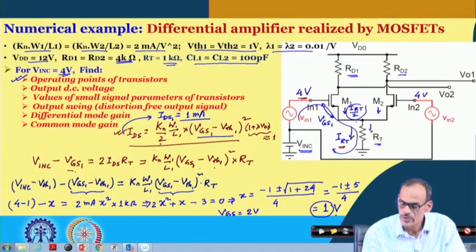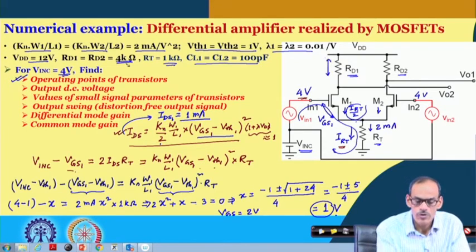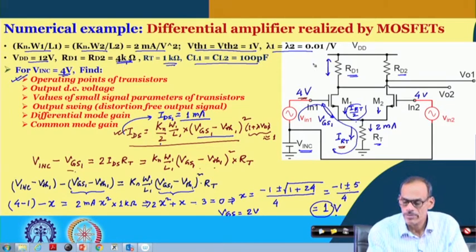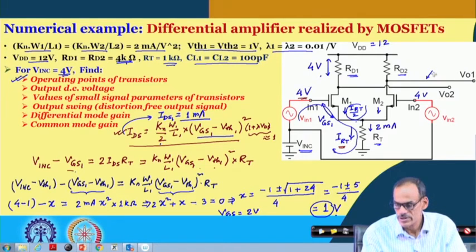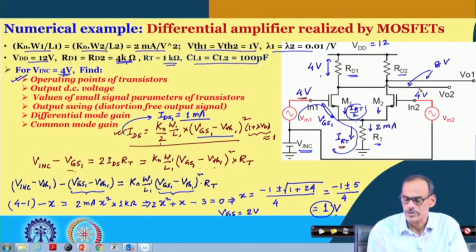So, the current flow here is 2 milliampere. So, that gives a drop here of 4K multiplied by 1 milliampere. So, that is the 4 volt drop. So, we do have 12 volt supply minus 4 volt. So, that gives the DC voltage here of 8 volt, and this is also DC voltage of 8 volt.